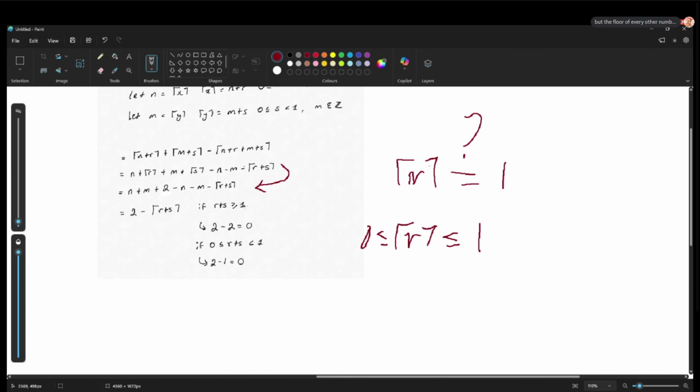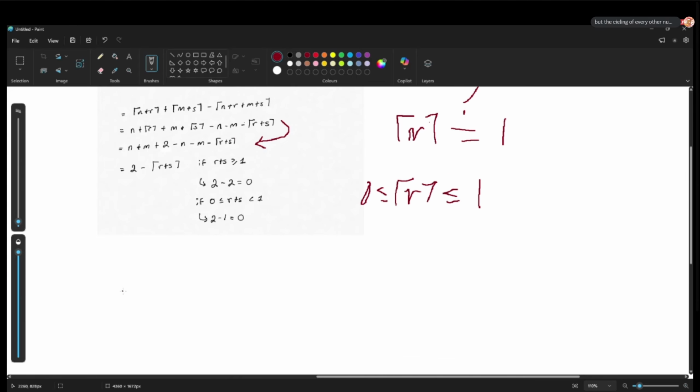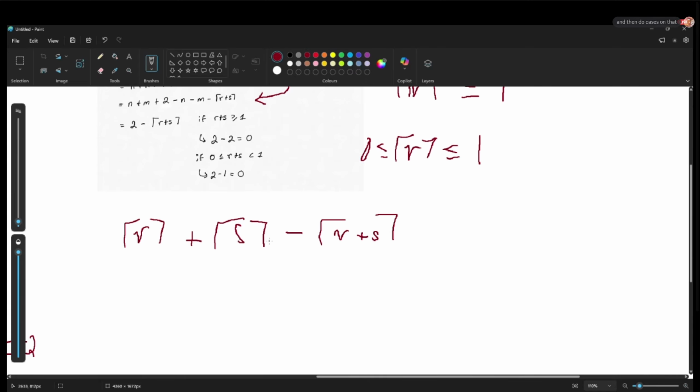But it's still good that you use this R remainder and S term, because you could still use it. For example, if you wanted to continue this, you could probably write it as this minus R plus S.